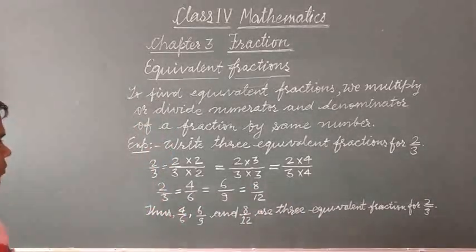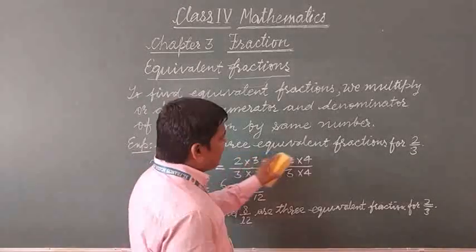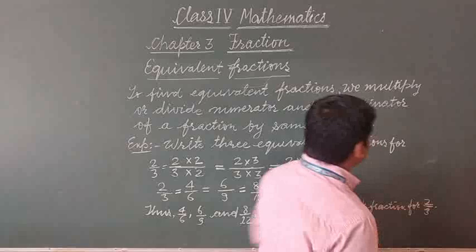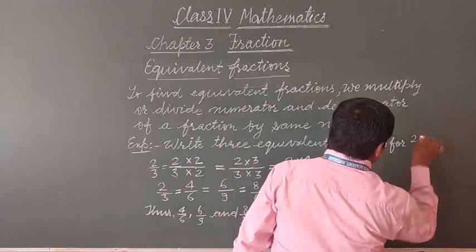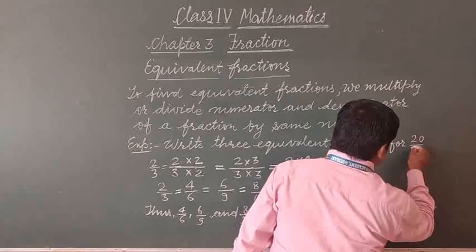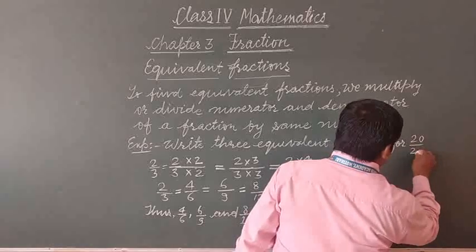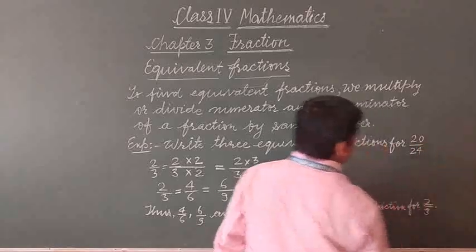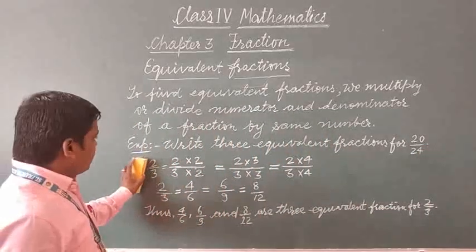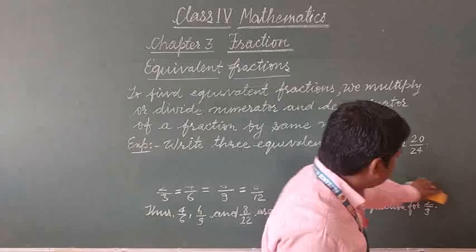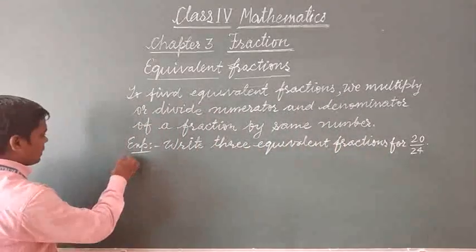Take that example. Write 3 equivalent fractions for 20 by 24. So here I am writing the solution. You check, see here.